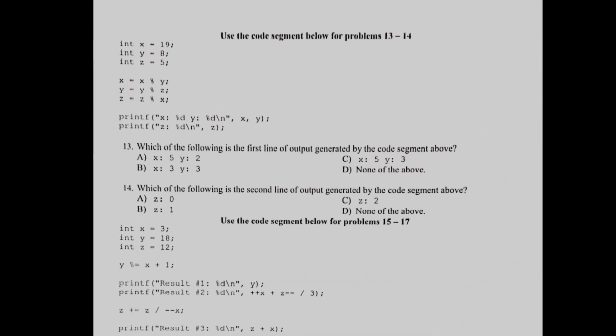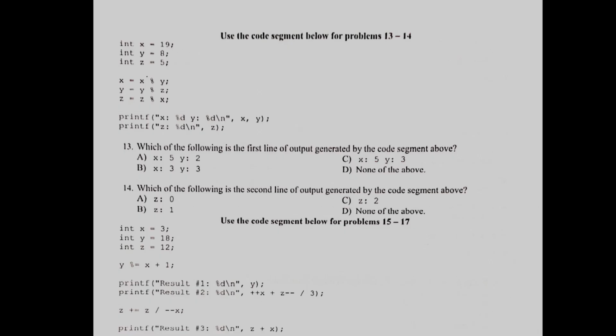All right, moving on to question 13. Which of the following is the first line of output generated by the code segment above? In this case, we have some more modulus that we will be reviewing. And the first printf statement is printing out just x and y. So let's go through here. We're going to be setting x to x modulus y.